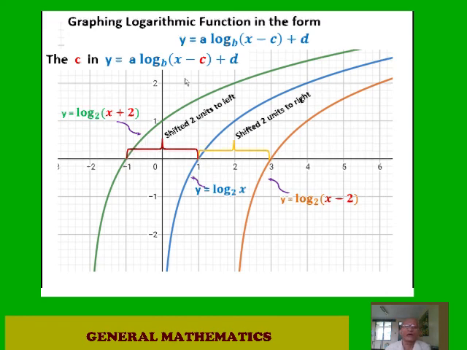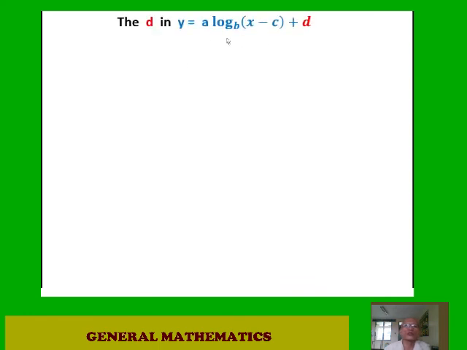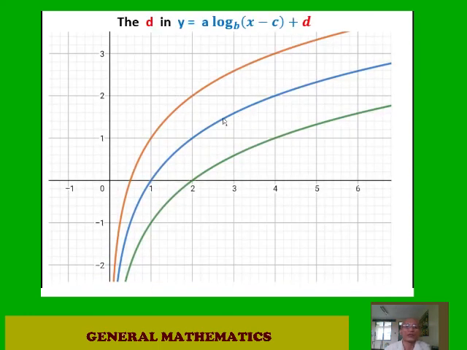Okay. Next, what is the function of d in this logarithmic function? Again, our original function is the blue one, y equals log x base 2. If we subtract 1, our d is negative 1.